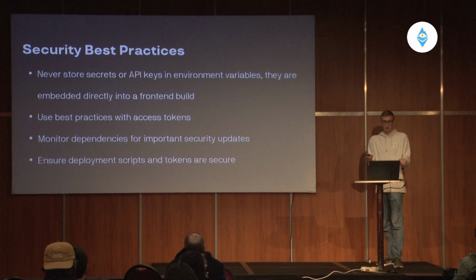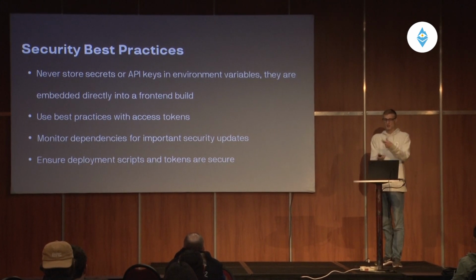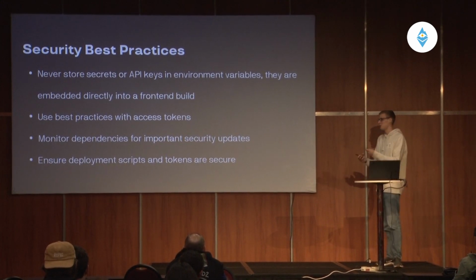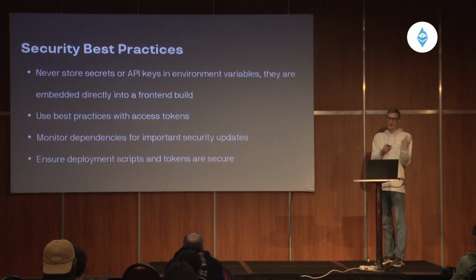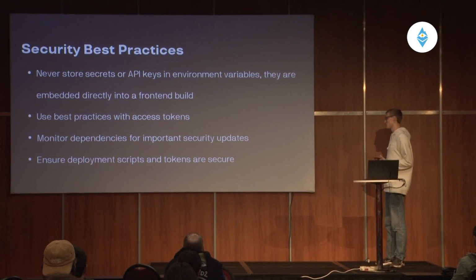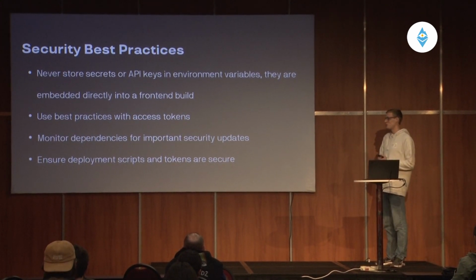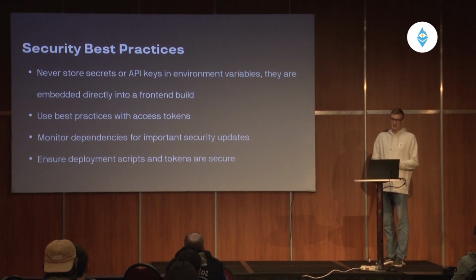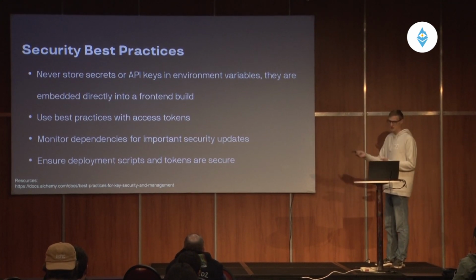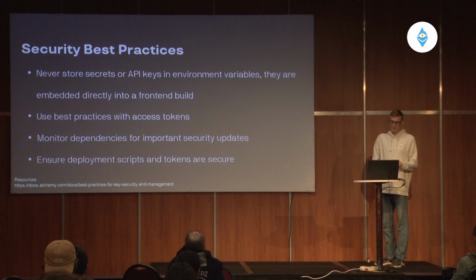So they're writing these scripts to basically upload these every single time that a new build is generated. It uploads it to IPFS, it uploads it to IPNS. And you've got to make sure that those access tokens are secure, because if you lose your token, you lose access to your website. There's the doc I mentioned about the key management.